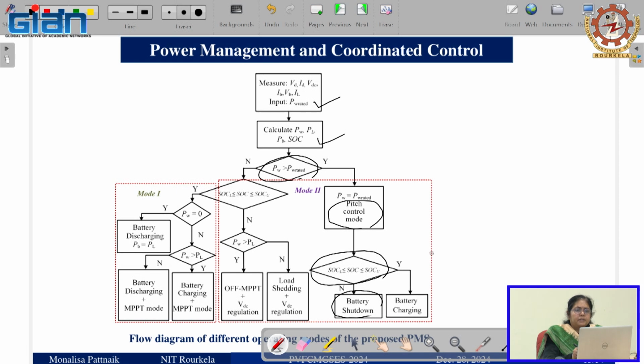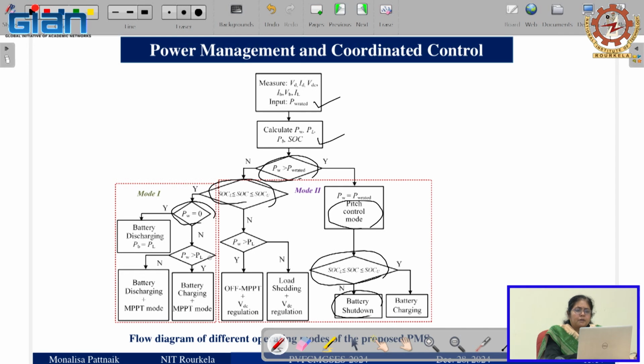But in the normal scenario, when wind power is less than the rated condition and the battery is within the limit, you check whether wind is available or not. If wind power is not available, the battery will act as the only source and discharge to supply the load.